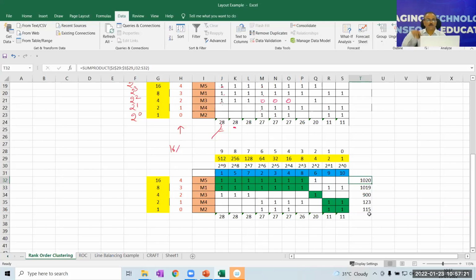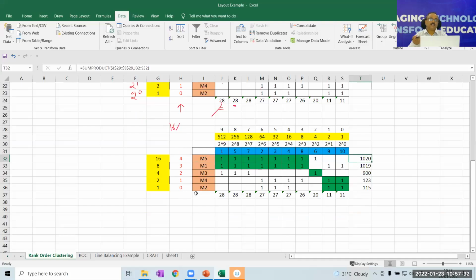That means you will arrange those in a descending order. So based on it, you have to do the row operation and column operation. This process needs to be repeated till the rearrangement of the components and the machines does not result in improvement in the solution. That means there is no further change.